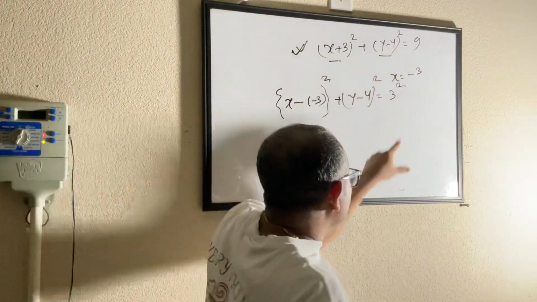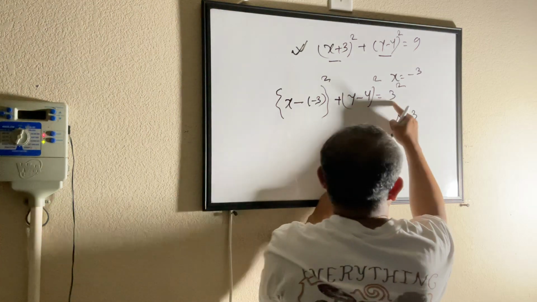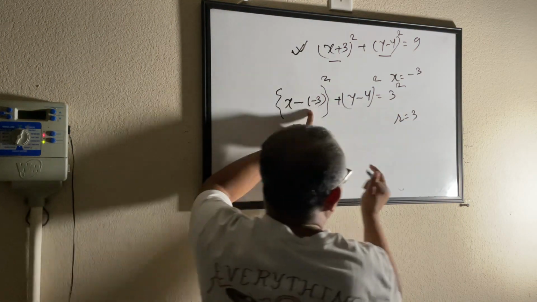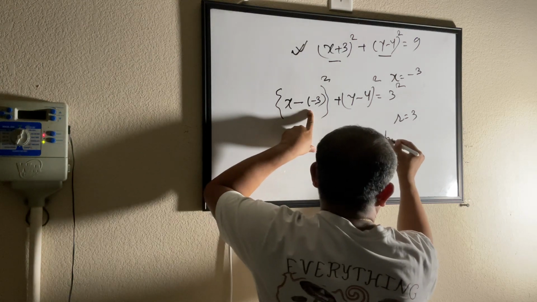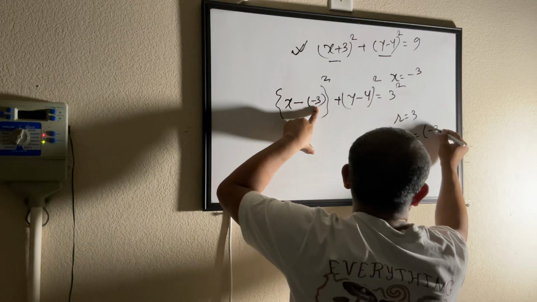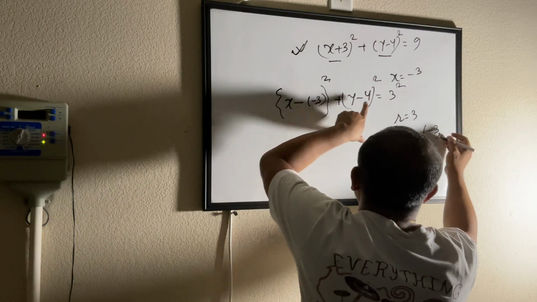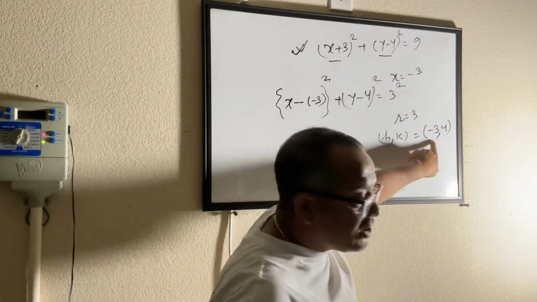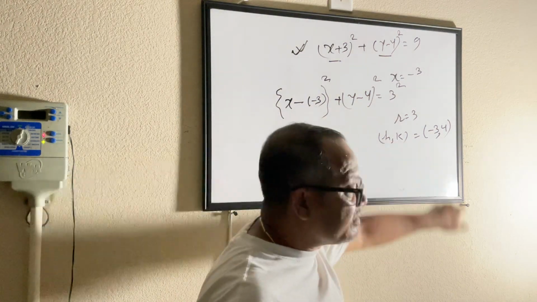From that, what do I see? r is equal to 3. This is my r squared. And what is the coordinate of the center? The coordinate of the center is h comma k, which is nothing but here minus 3 comma 4. So I got my coordinates for the center as minus 3 comma 4.